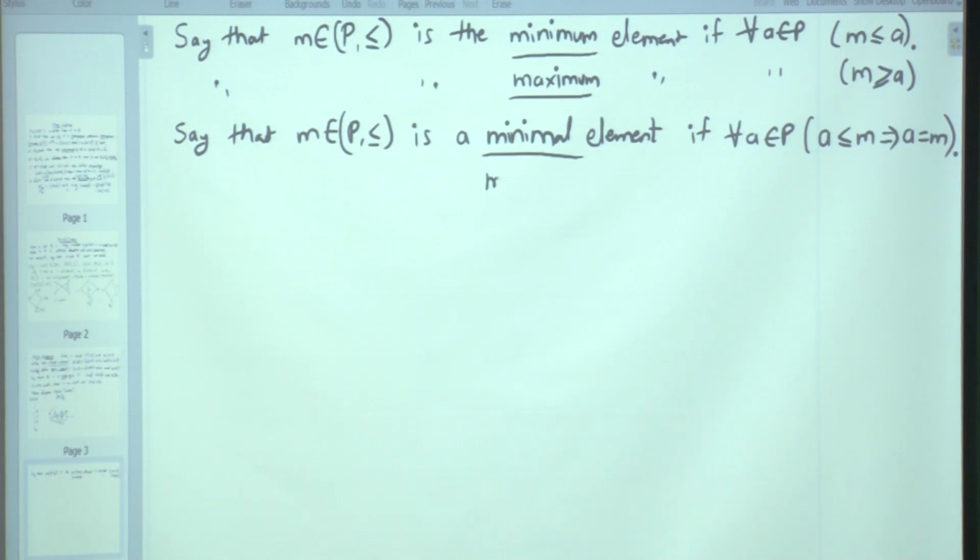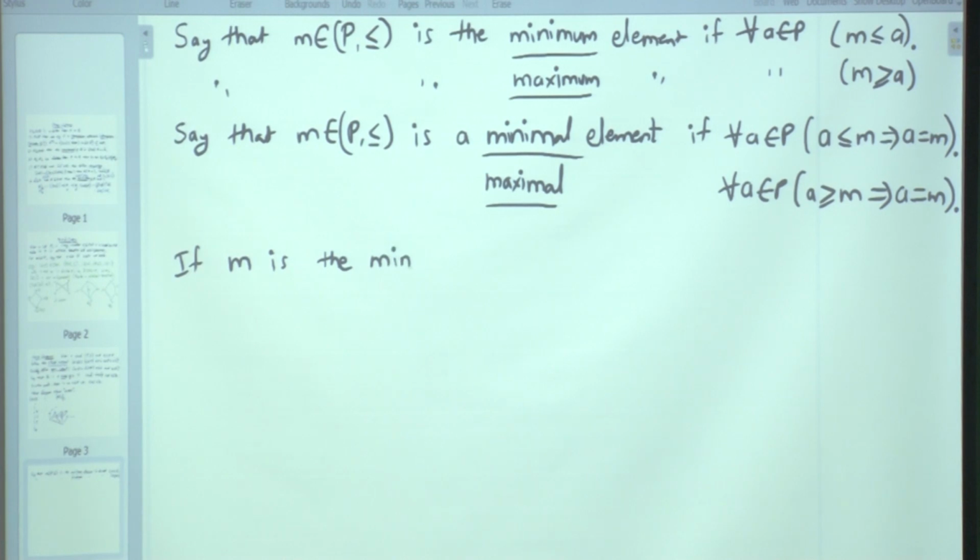And what will be a maximal element? If for all A in P, A bigger equal M implies A equal M. Okay, so if M is the minimum, then it is the unique minimal element.